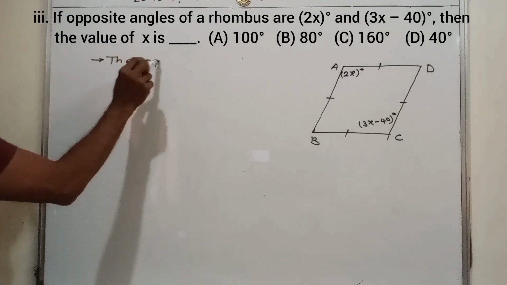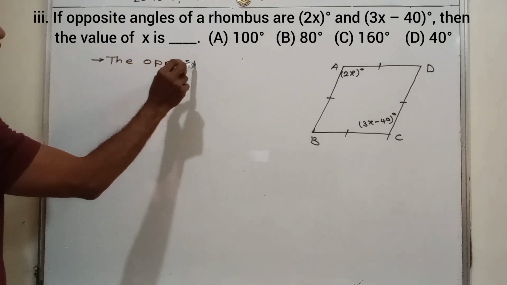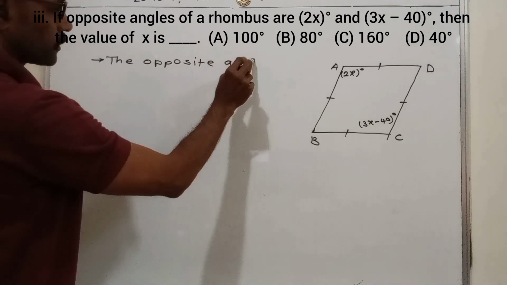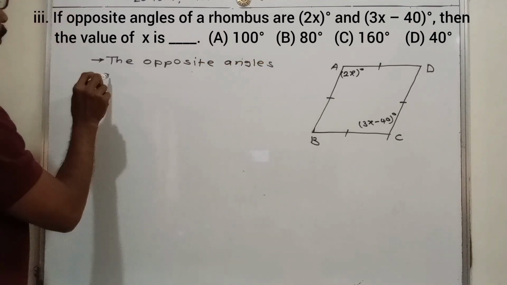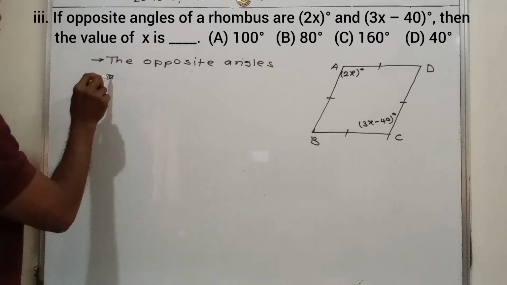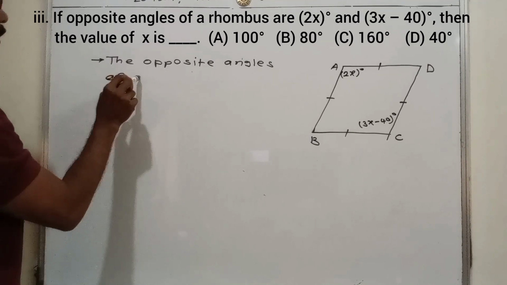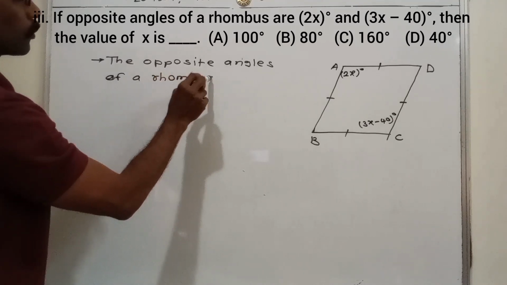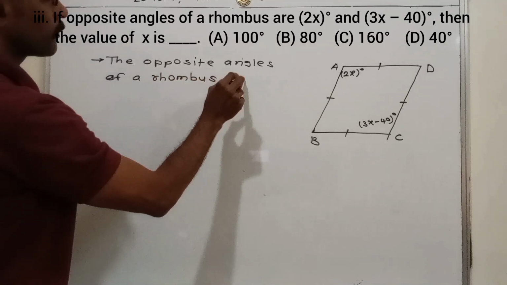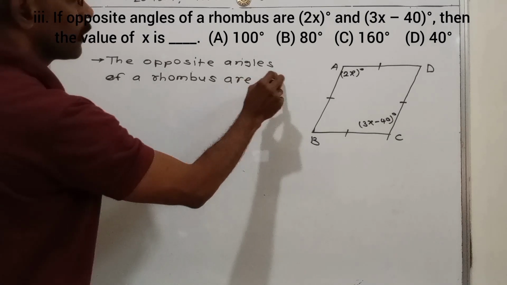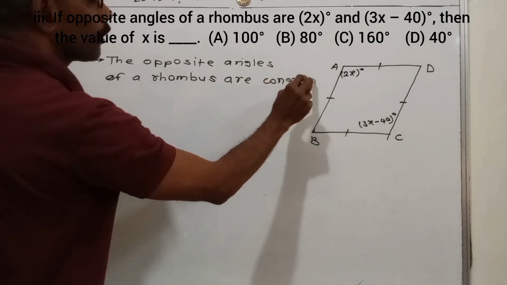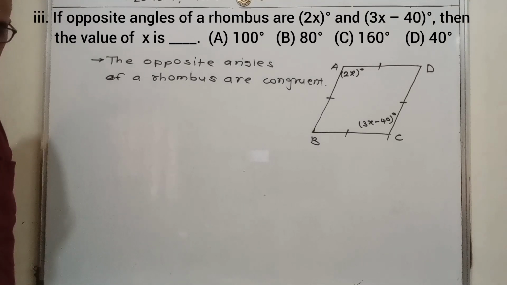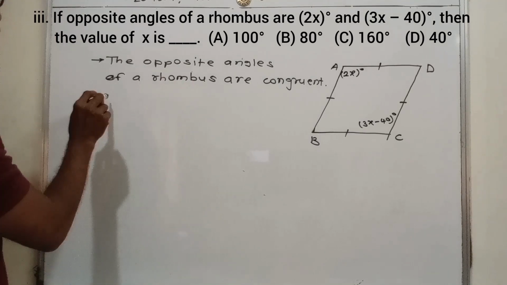The opposite angles of a rhombus are congruent or equal in measure.